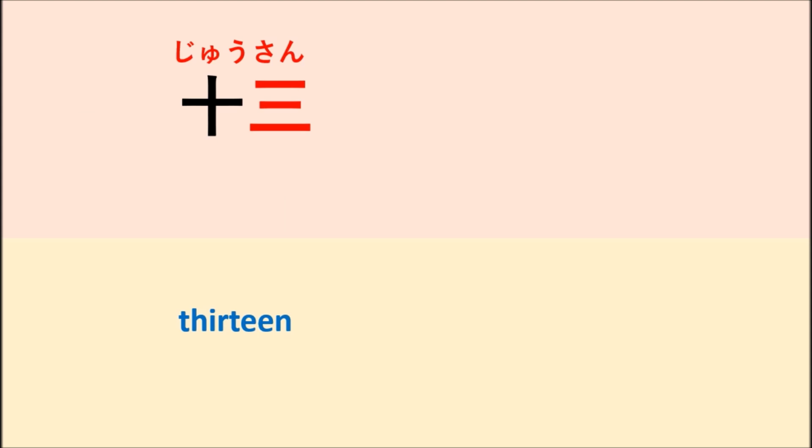So when you put the kanji that means 10 and 3, sang means 3, ju means 10, that means 13. So you write the kanji of ju, and after that you write the kanji of sang. So you can say jusang.